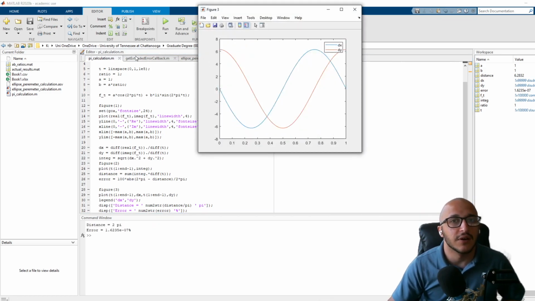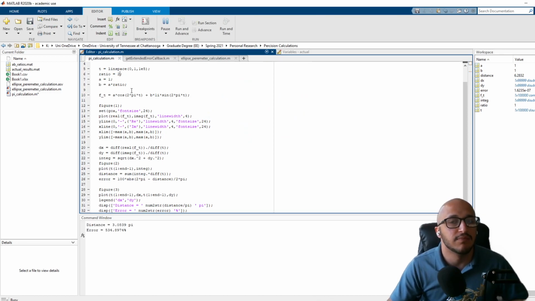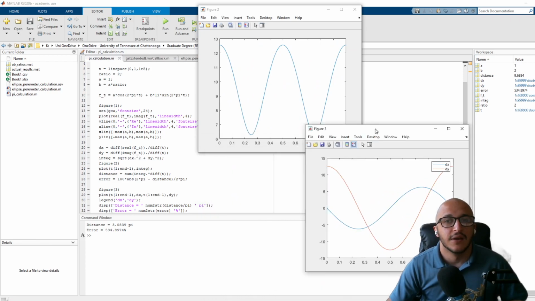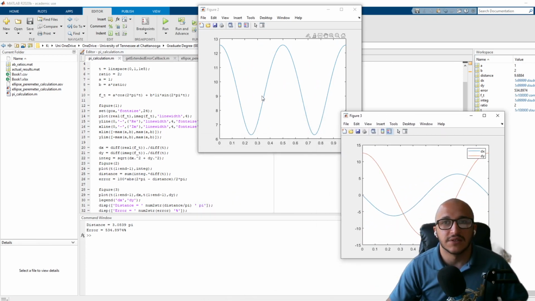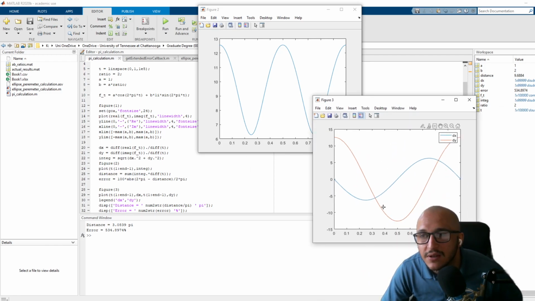Okay, so anyway, if we change the ratio to, let's say, 2, where b is 2 times a, this is the integrand function here, and this is dx and dy.